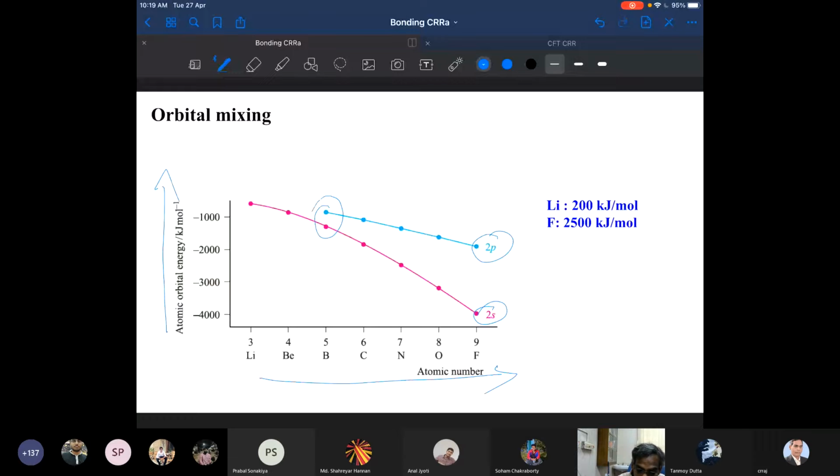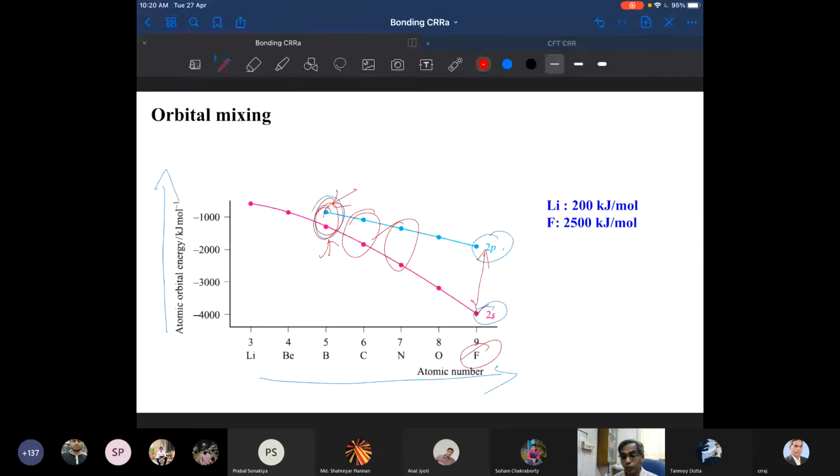For example, boron here, and here is the gap compared to the energy gap between these two orbitals for fluorine. So the energy gap between the 2s and 2p orbital of fluorine is higher compared to, for example, boron, carbon, and nitrogen.